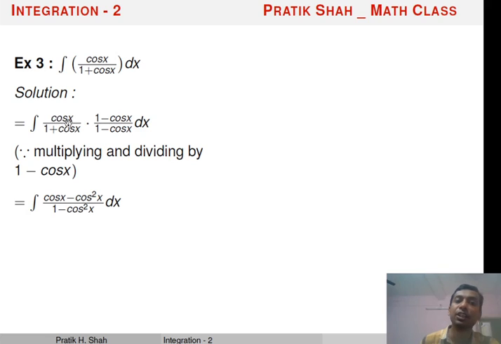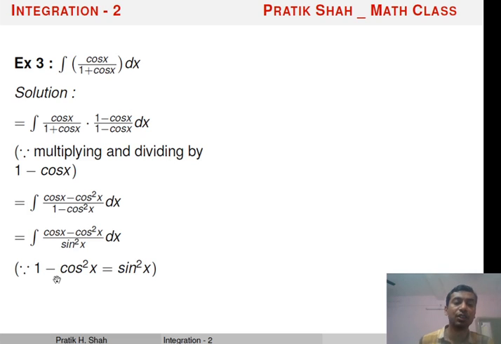So see, the numerator will be cos x into 1 is equal to cos x, into cos x is equal to cos square x, and here 1 square is equal to 1, minus cos square x. Now this is the time for the substitution that we have seen in the last slide. 1 minus cos square x is equal to sin square x.